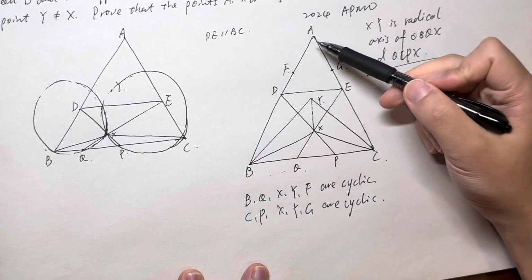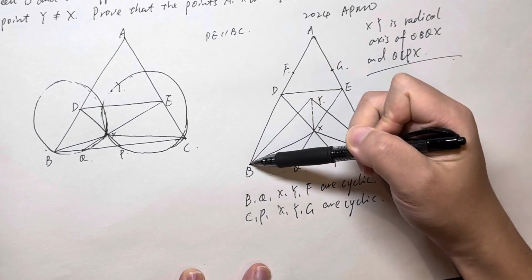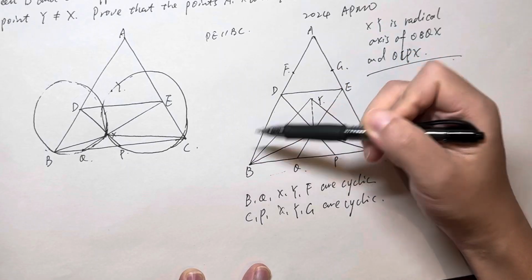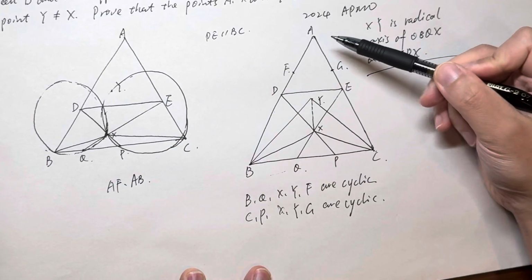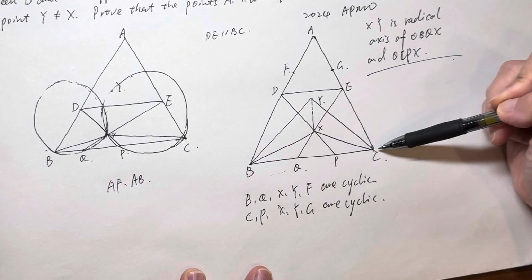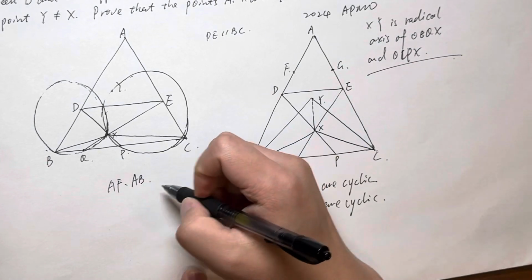Then we can see the power from A to the circle BQX would be AF times AB. And the power from A to the circumcircle of the triangle CPX is AG times AC.